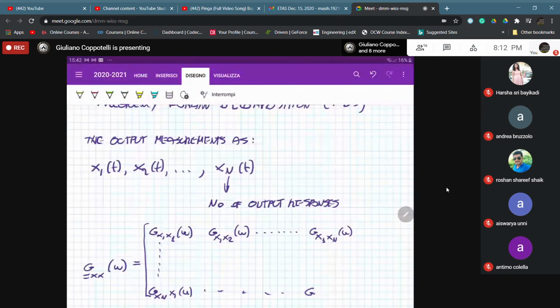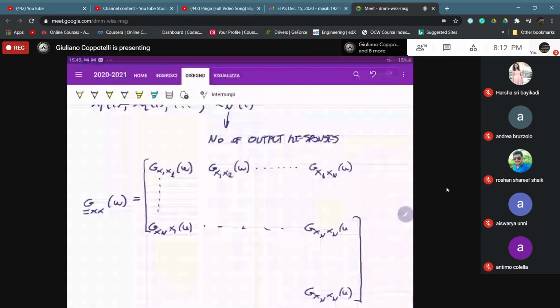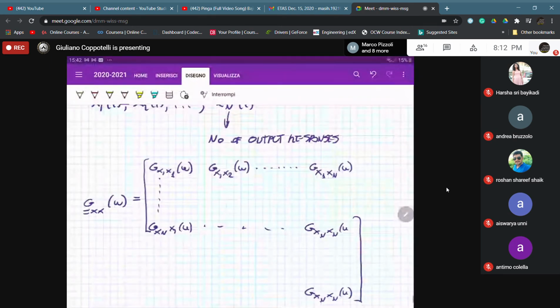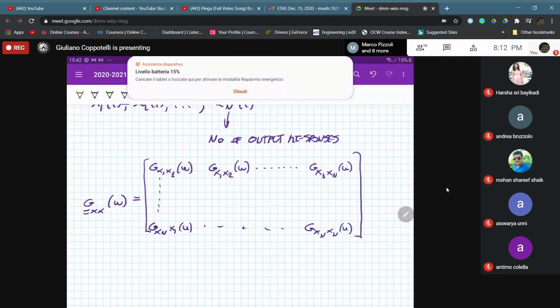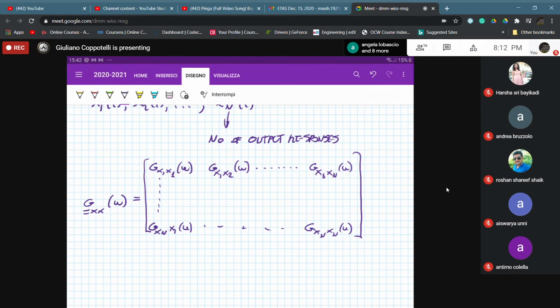Okay, so that is your output power spectral density matrix. That is, of course, a power spectral density function for each element, and these are defined over the whole number of degrees of freedom.